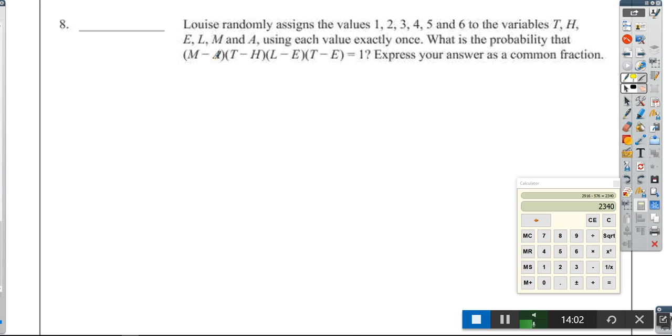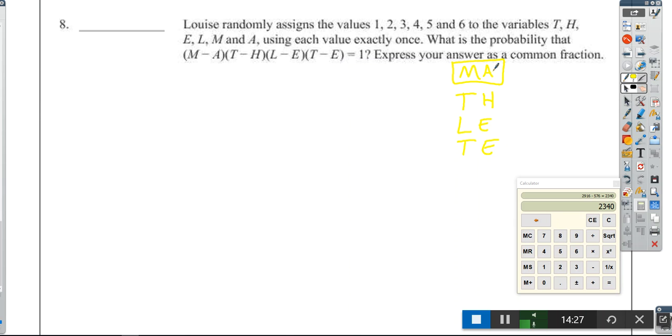All right. So now looking at this, I know that m and a have to be consecutive numbers because the difference has to be 1. Then I know th also have to be consecutive numbers, le have to be consecutive numbers, and te also consecutive numbers.